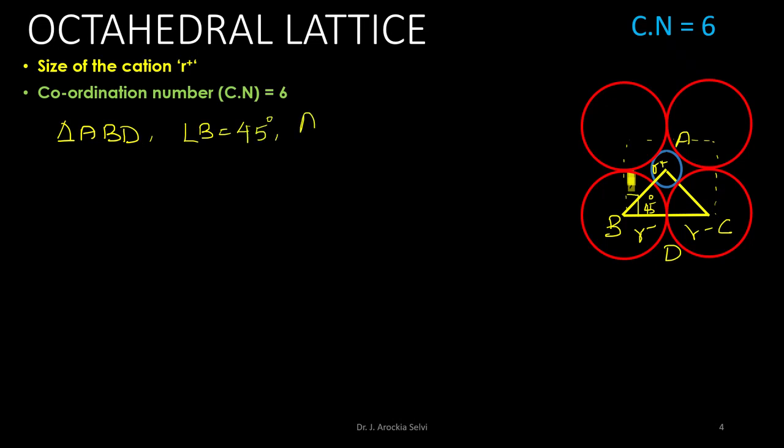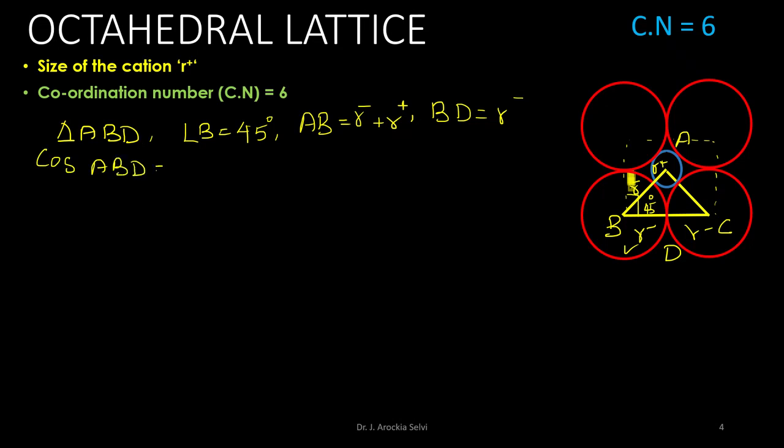Then AB is r plus plus r minus, the radius of the anion as well as the radius of the cation. And BD, what is that BD? BD is this one, r minus. Now the trigonometric function in this triangle ABD, you take that to be cos ABD.